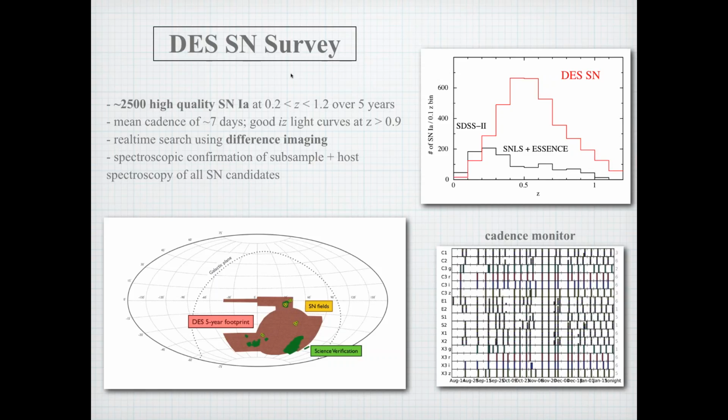So what we do is we take a spectrum of a subset of our good type Ia sample, but then afterwards go back and get the spectrum of all of the host galaxies of the supernova candidates. So we have a dot in the sky, which we think is a supernova.